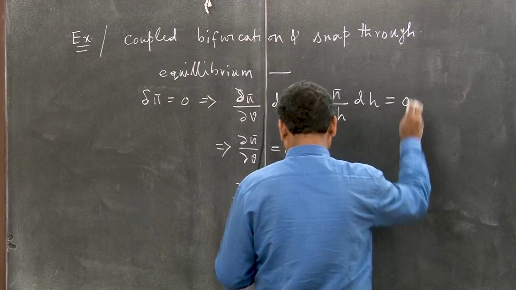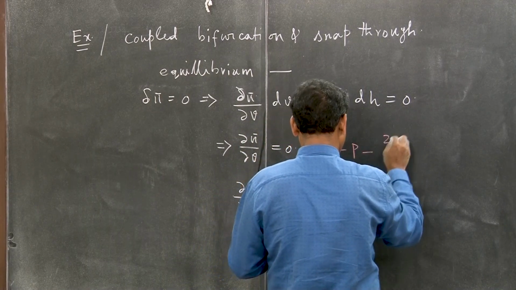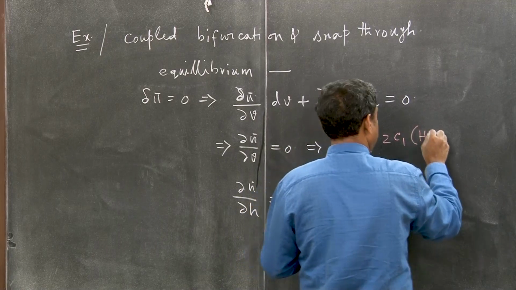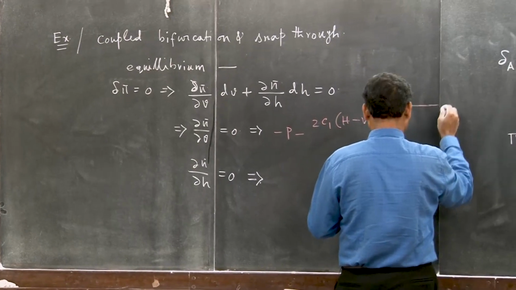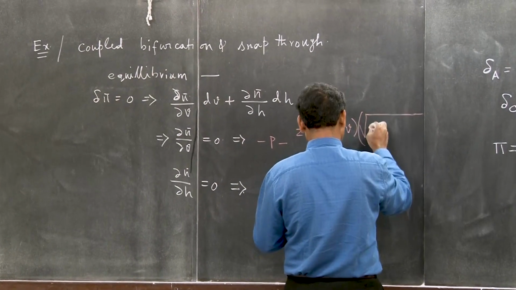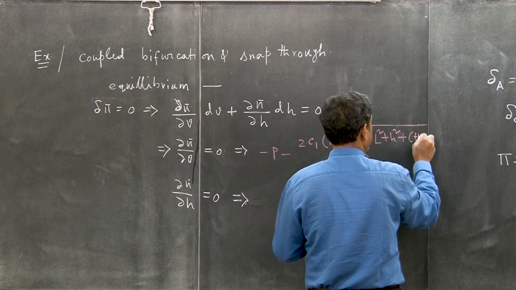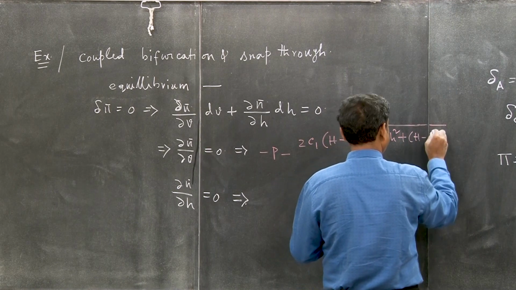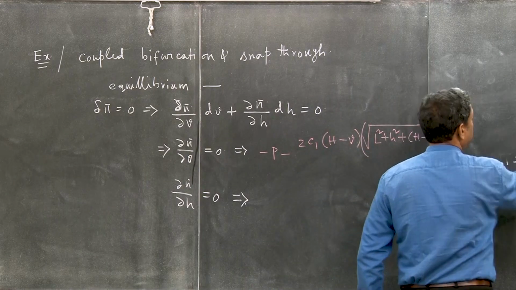So del pi del V will give you minus P minus 2 C1 H minus V root L square plus H square plus H minus removing this.